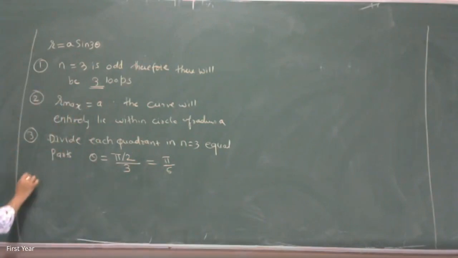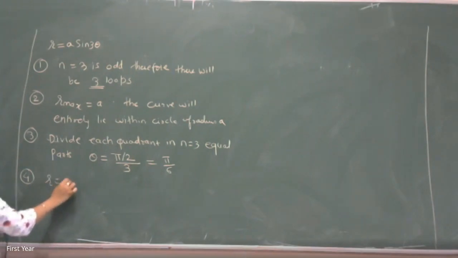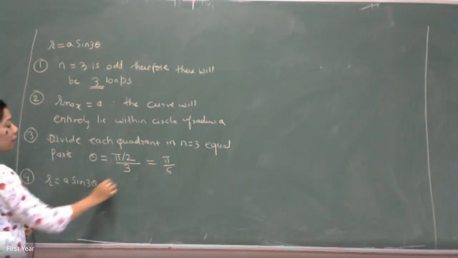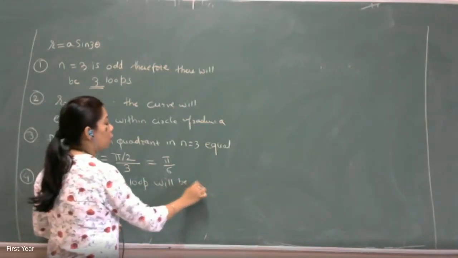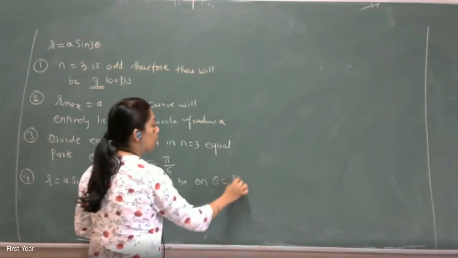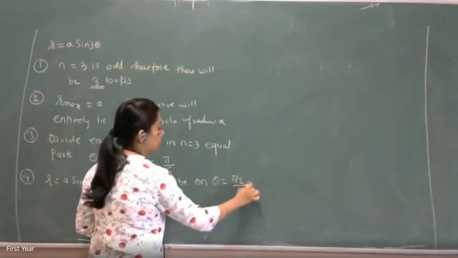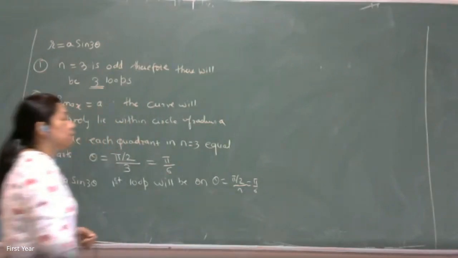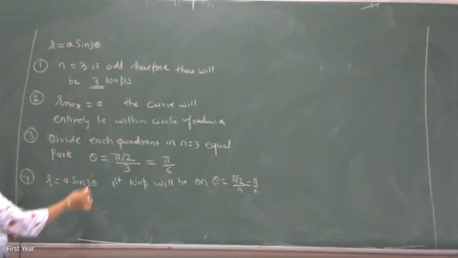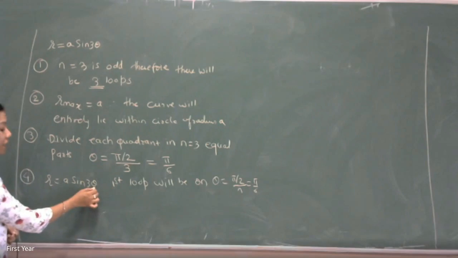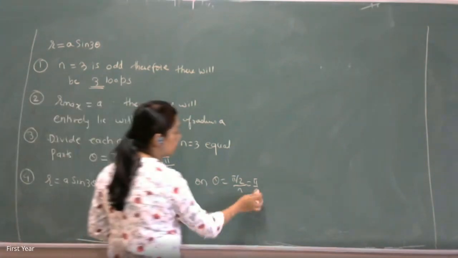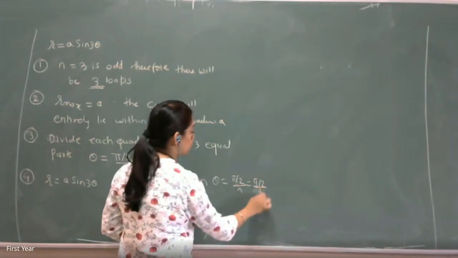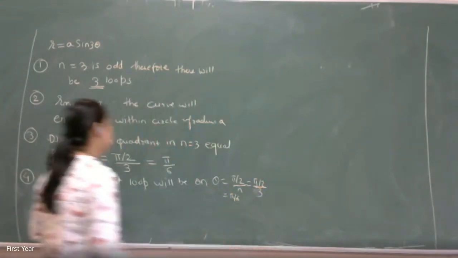Once we divide it, we have to find where the first loop is. Since r = a sin 3θ, the first loop will be at θ = pi by 2n, that is pi by 6, because sin θ is maximum at pi by 2, but here it is not just sin θ, it is sin nθ. So the first loop will be at pi by 6.